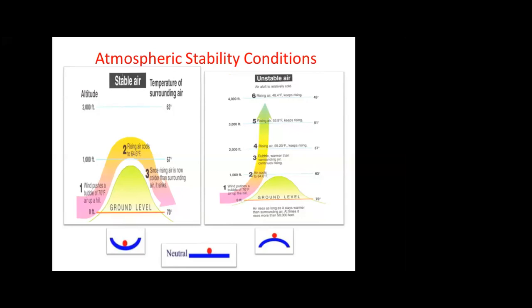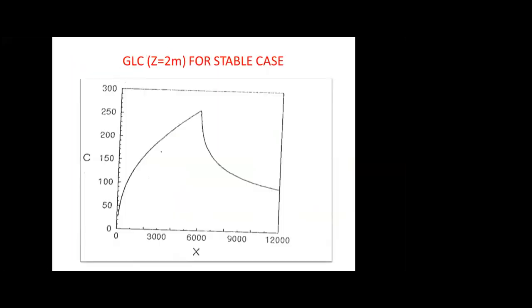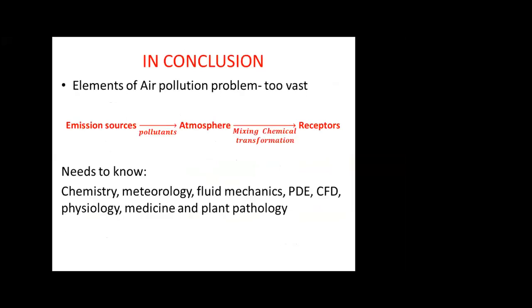Okay, sir. The next doubt is, is this model effective for indoor pollution? Yes, it can be made one-dimensional, because when we are talking about indoor air pollution, there is no wind by which the pollutant is transported.